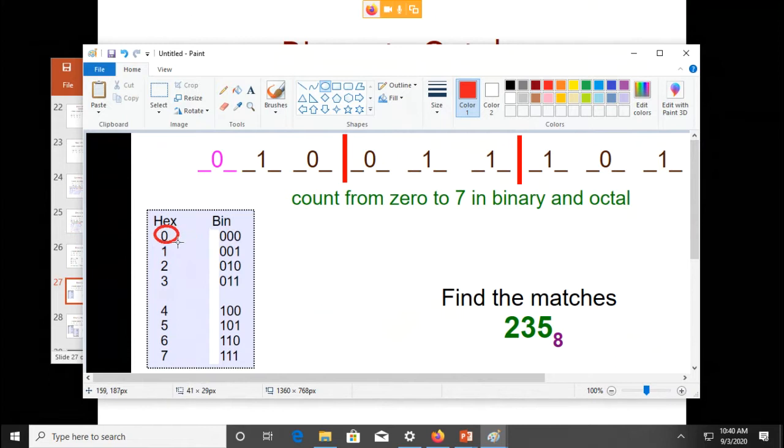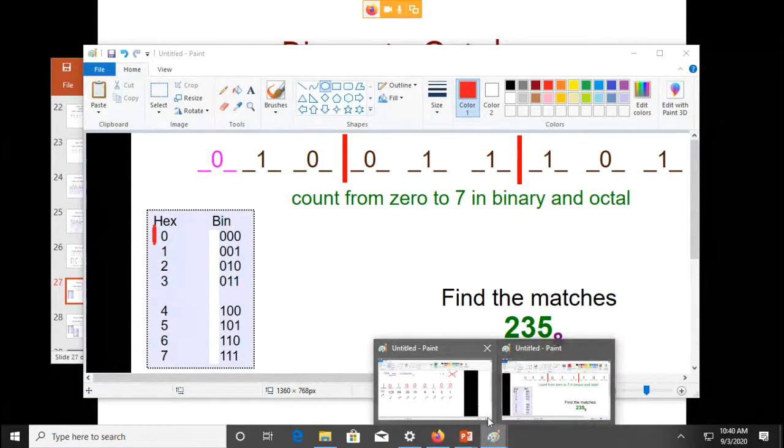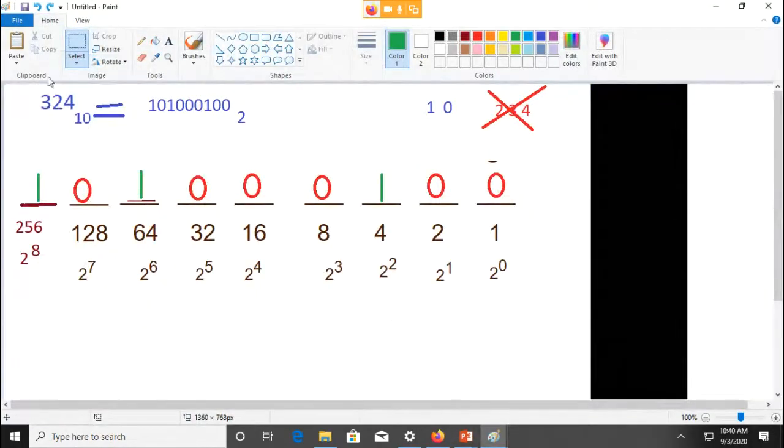And so you can separate a value into octal by using 3 bits. If we go back to the one we just did, we know this is 324 in decimal, and it's 101000100 in binary.